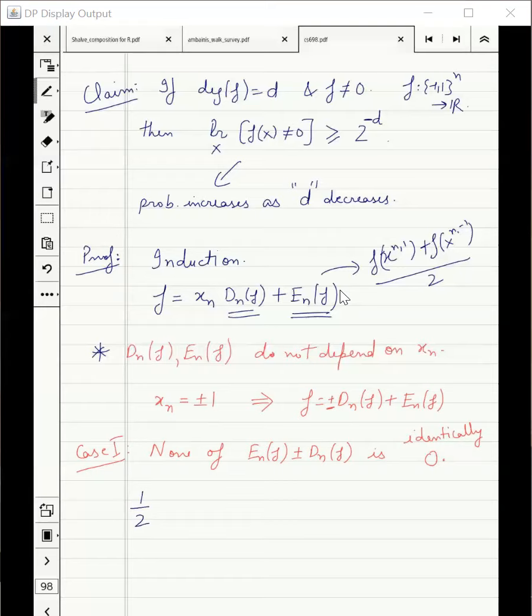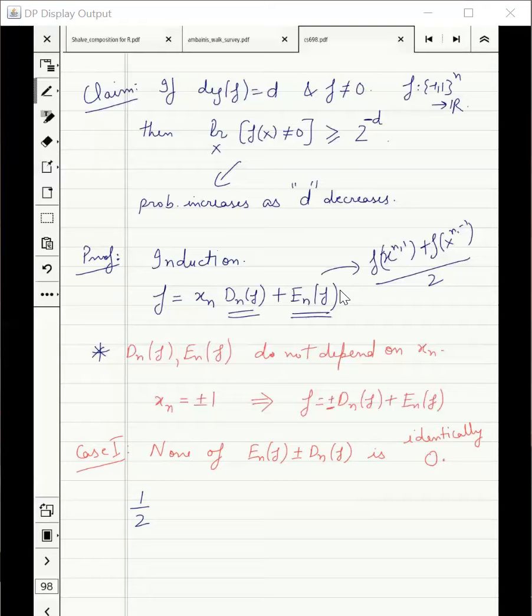By induction, what is the induction on, by the way? On the degree? No, it is on the number of variables. Very good. It is on the number of variables. If I look at the degree, I will get stuck.